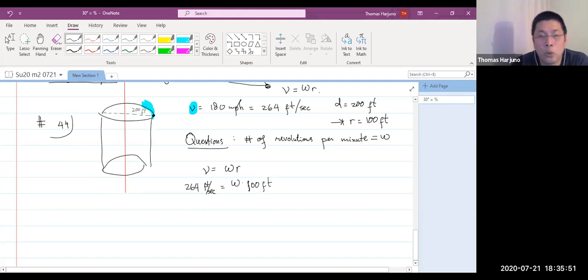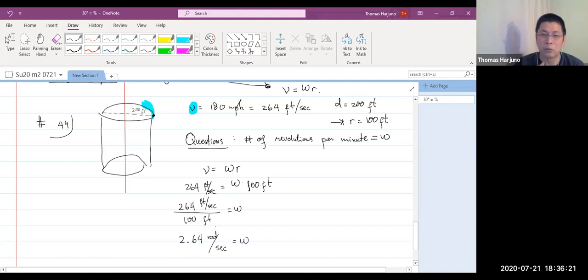So when I divide 264 feet per second by 100 feet, that will give us the omega, which is 2.64 per second. You see that we don't have units there because the feet cancel. Now that becomes 2.64 radians per second.